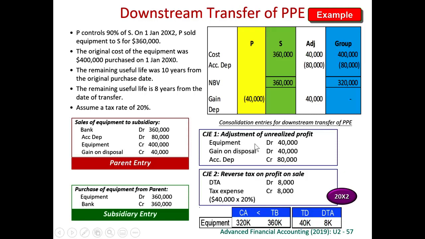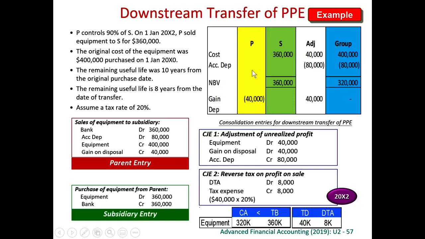We have to reinstate the equipment. Now after the transaction, we think that the equipment will be 360,000, but the original cost of the equipment should be 400,000. Therefore, we debit equipment 40,000 to bring the equipment from 360,000 back to 400,000. We have to reinstate also the accumulated depreciation. So therefore, we credit accumulated depreciation.